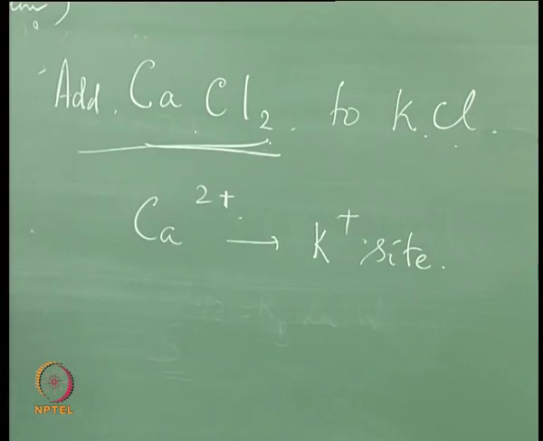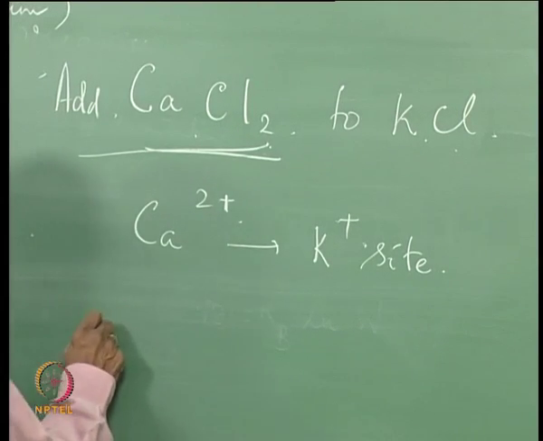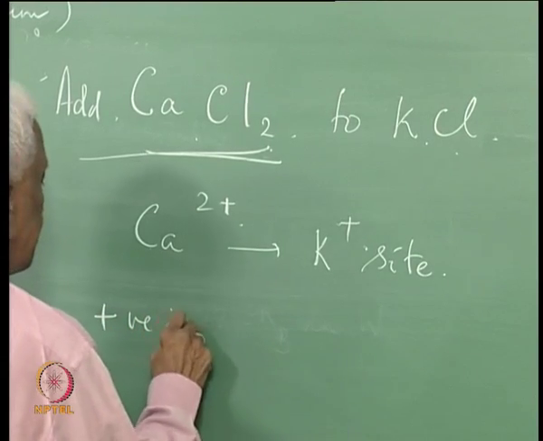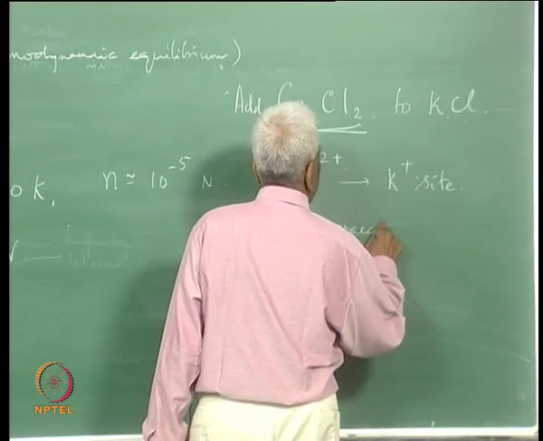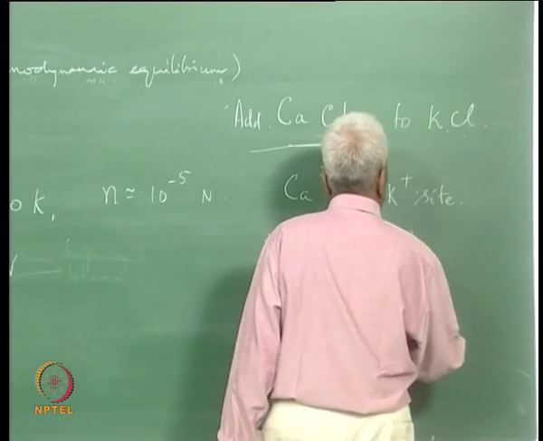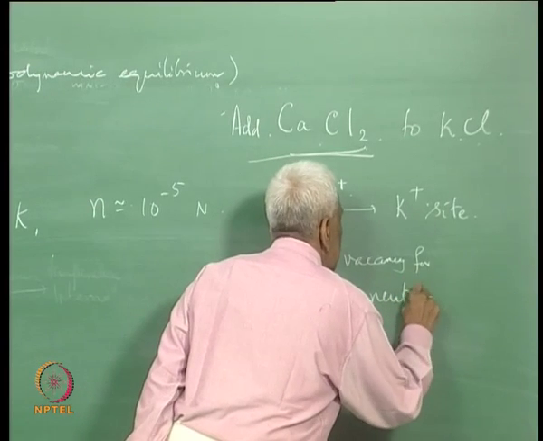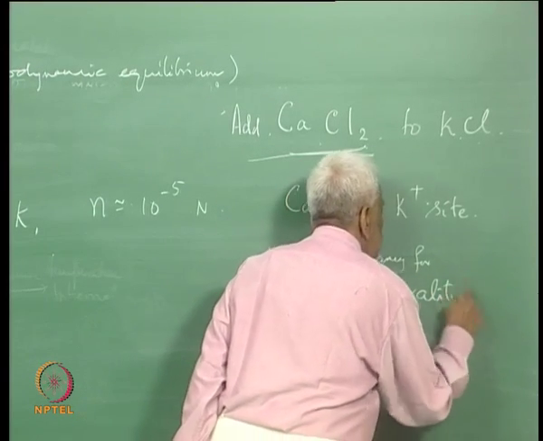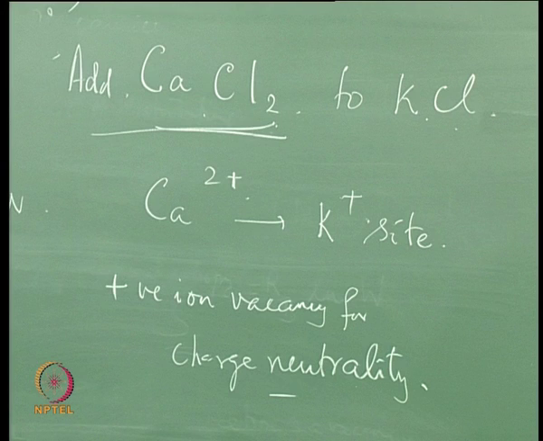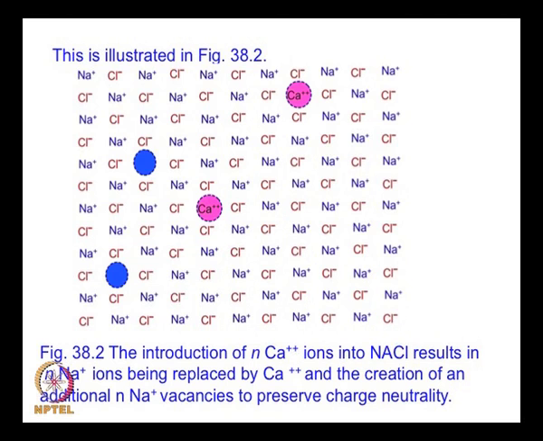So, in order to establish charge neutrality, we have a positive ion vacancy. This is shown in the figure here, how substitution of a calcium 2+ ion for a K+ ion results in a cation vacancy.